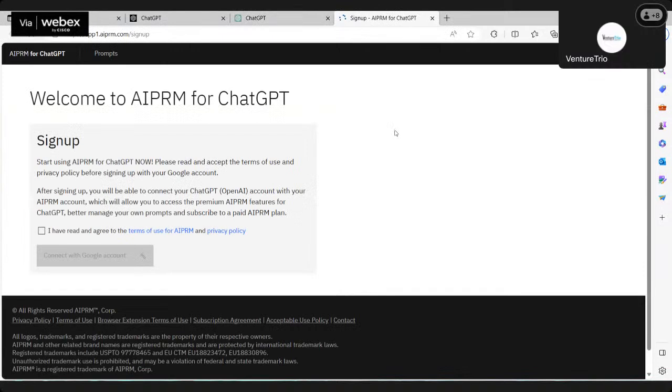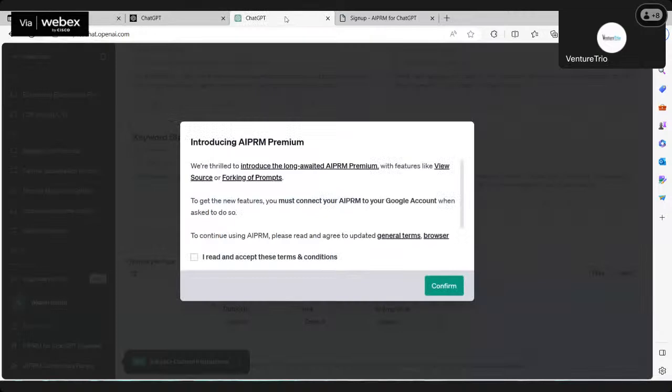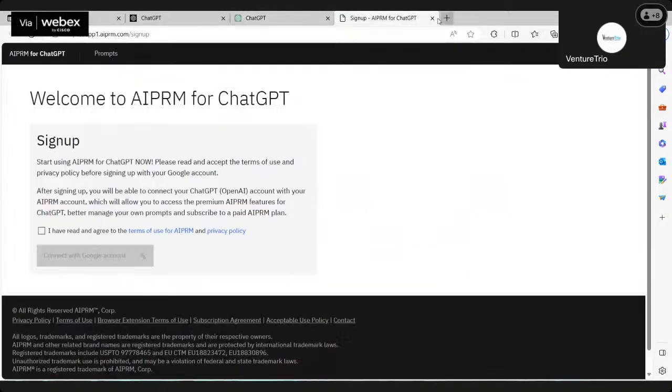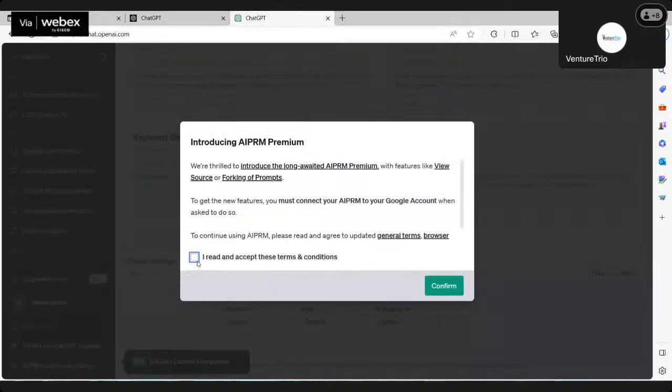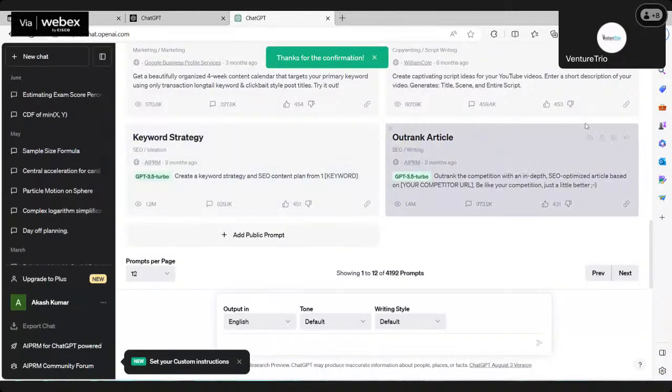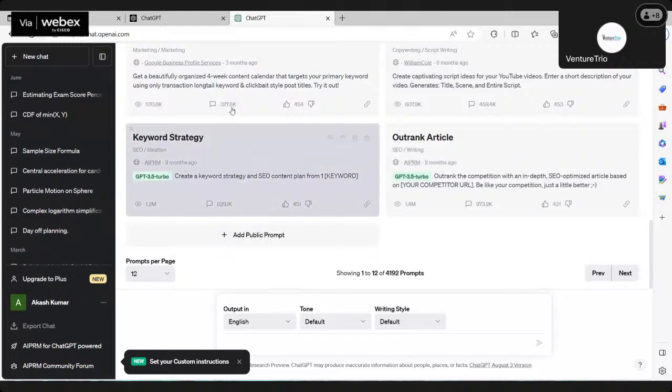Tomorrow we will discuss the powerful ChatGPT. Which type of ChatGPT? This type of ChatGPT. This is the powerful ChatGPT. Here you can see the difference. This ChatGPT has some extensions like keyword strategy, outreach article.